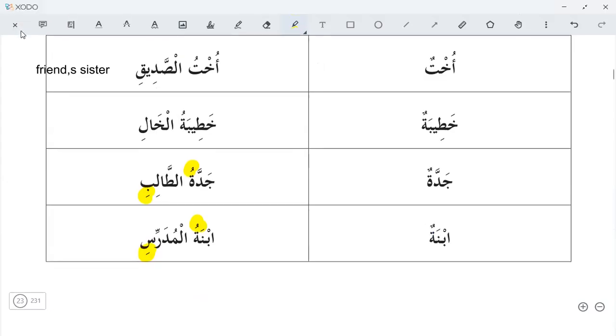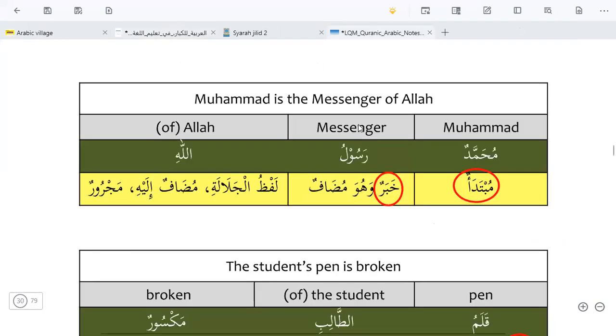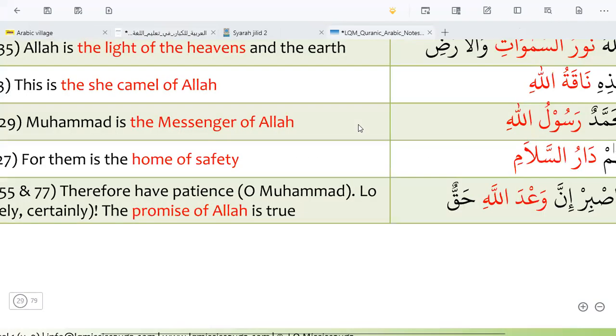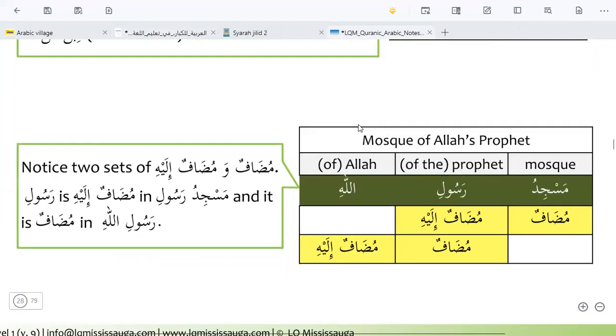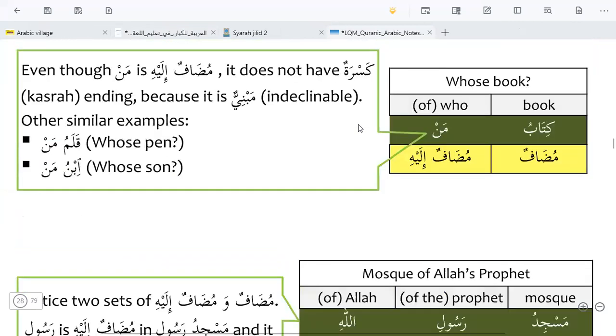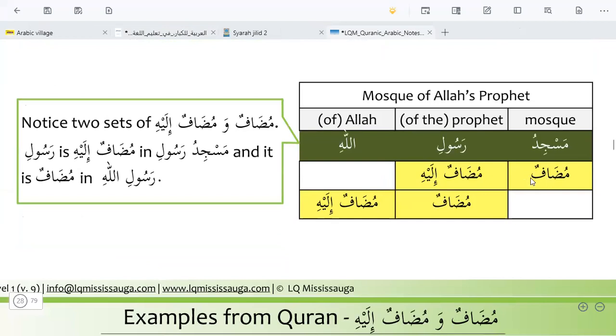And here one thing more I have to explain to you. There can be two mudaf also. In a sentence, there can be two mudaf and mudaf ilay. Masjidu Rasulillahi, mosque of the messenger, mosque of the Rasul or mosque of the Prophet.